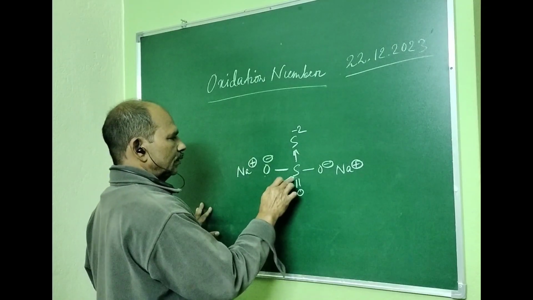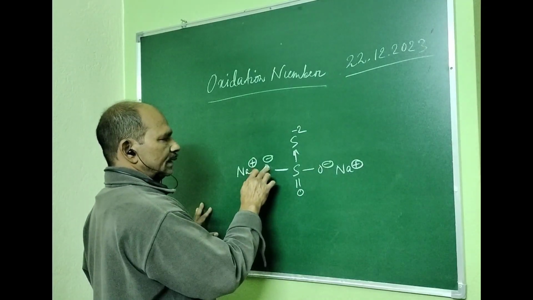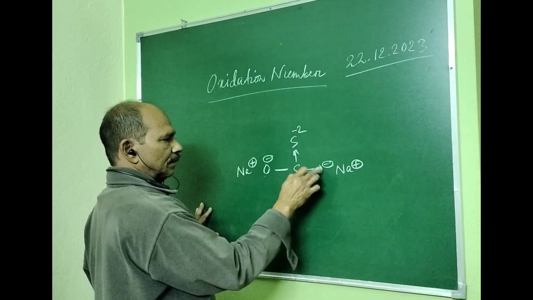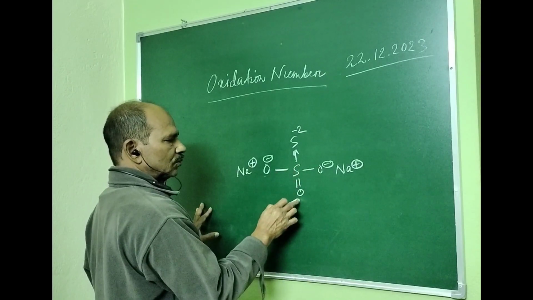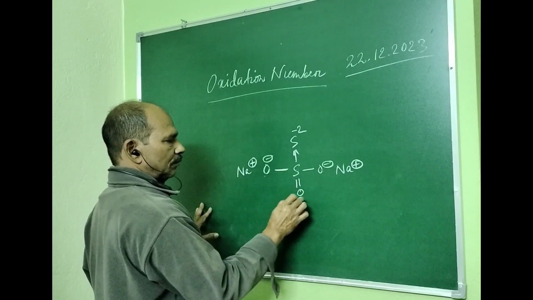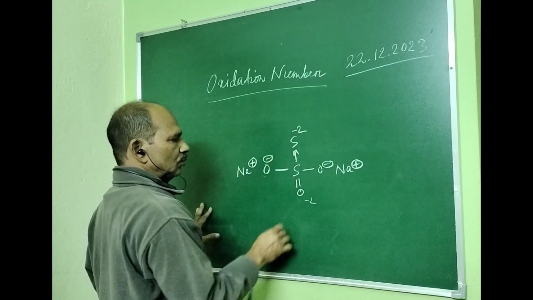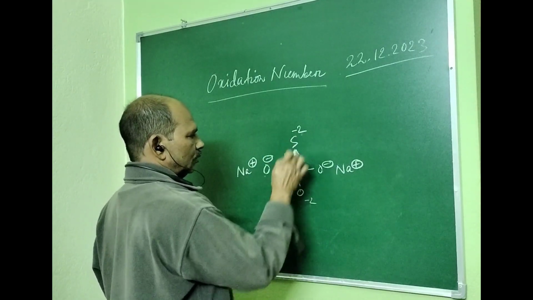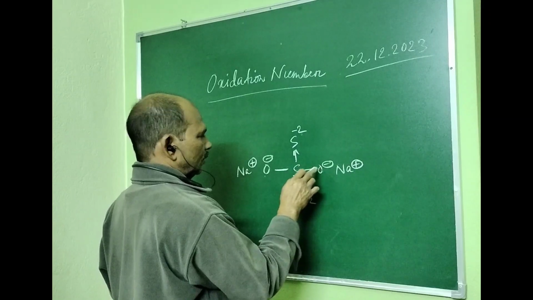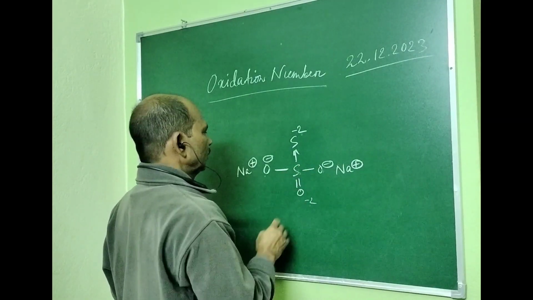And from this bond, -1 to oxygen, +1 to sulfur, -1 to oxygen, +1 to sulfur, -2 to oxygen, +2 to sulfur. So -2, -2, -2, -2, +4, -1, +1.